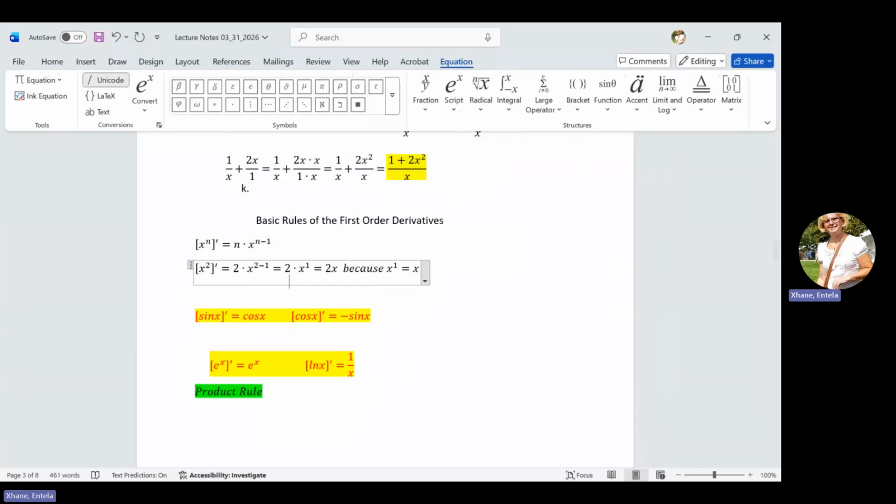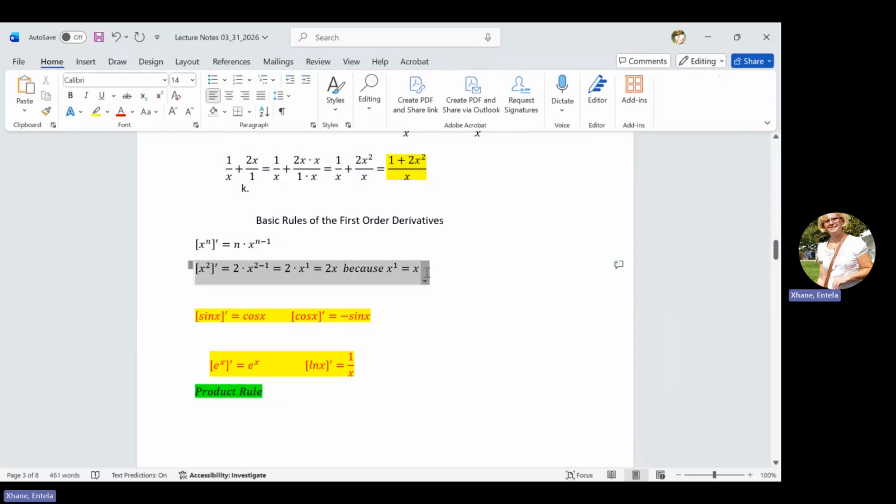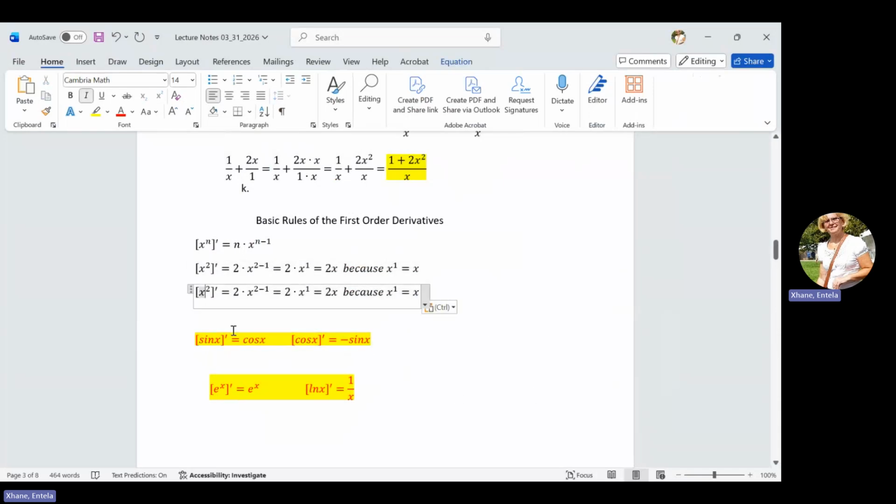There's another special case that I'm about to discuss. So I'm going to copy and paste this one and then make adjustment and show you the other special case. And that's the case of exponent being 1. So if the exponent is 1, then you multiply 1 by x to the power 1 minus 1.